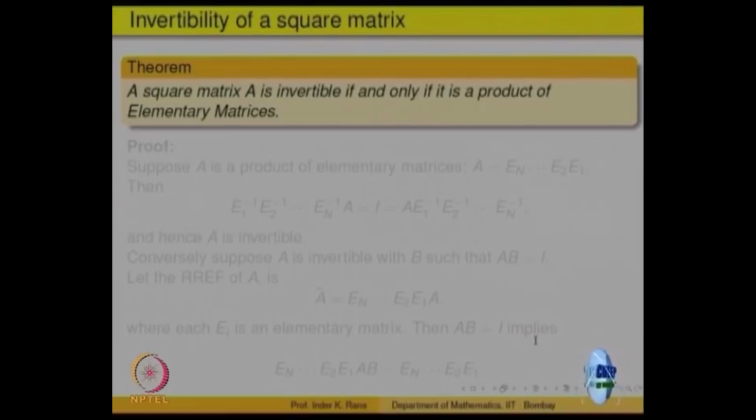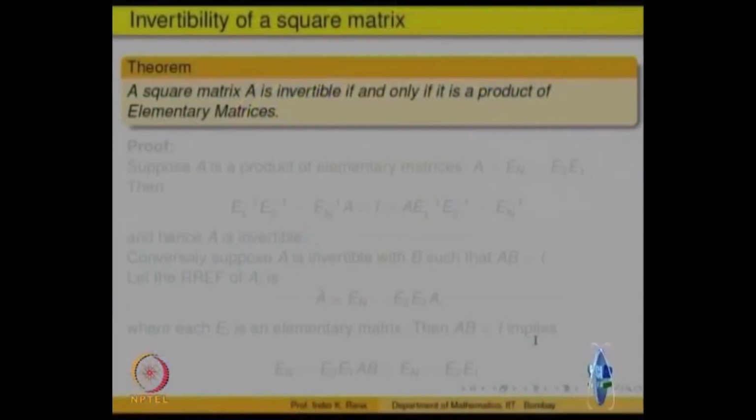If a matrix can be split as a product of elementary matrices, then obviously each elementary matrix is invertible, and a product of invertible matrices is invertible. So, one direction is obvious: if A is a product of elementary matrices, each elementary matrix is invertible, and a product of invertible matrices is invertible.